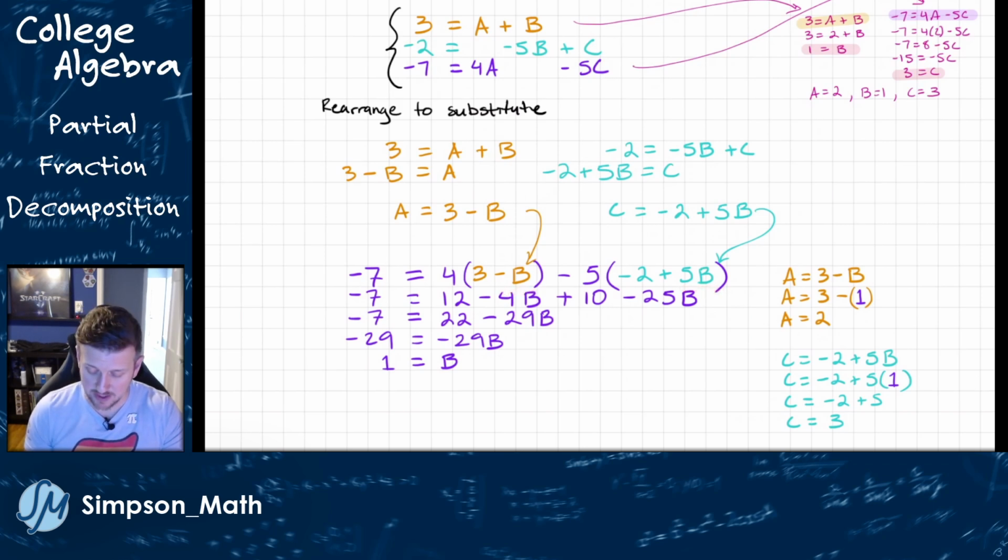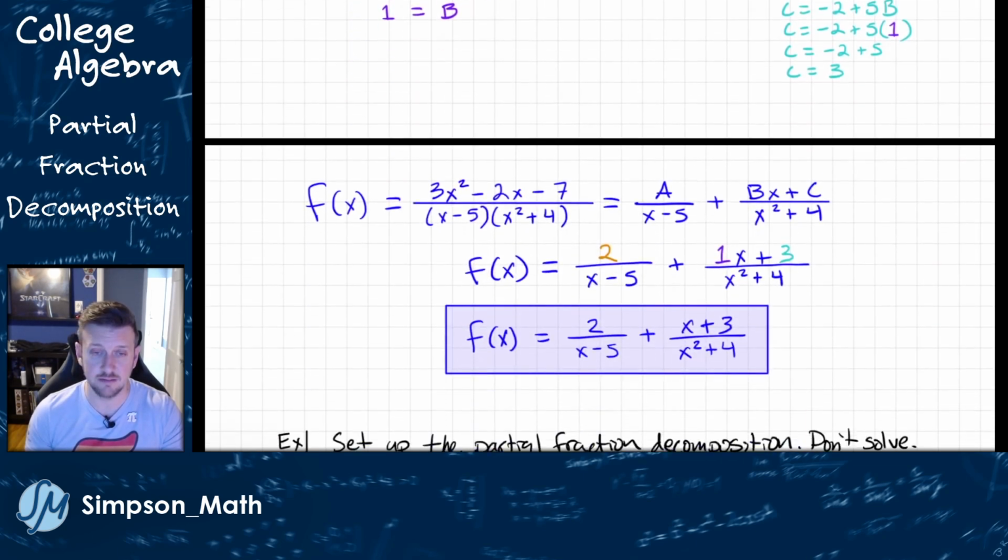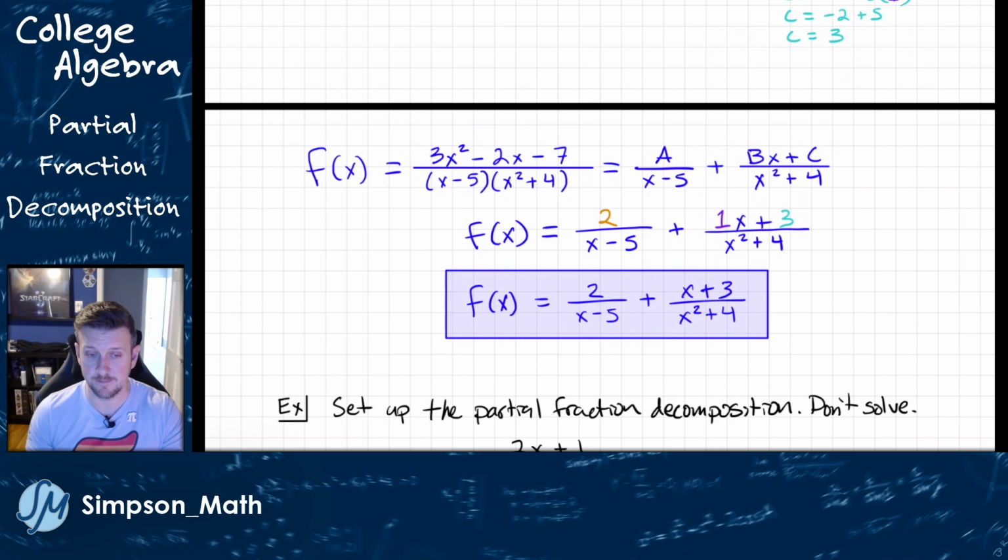So I do that, plug it in, simplify, and I end up solving for B equaling 1. Once you know that B equals 1, and I have an equation with the B and one other value, I'm going to take that B and plug it in, and I get A is 2. I'm going to take that B and plug it into the second equation and get that C is 3. So A is 2, B is 1, C is 3. Plug them in, and there you have it.